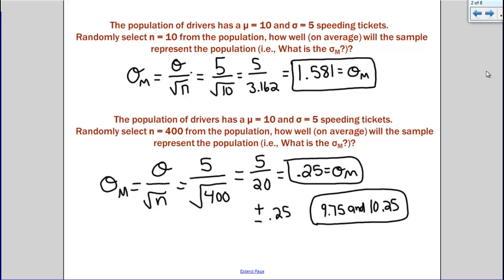So minimal error there, right? Really small margin of error that we would expect to see between any given sample mean from 400 drivers and the population mean of 10. Because we had a really large sample size. So our error is smaller because you expect that a larger sample is going to be more representative of the population.